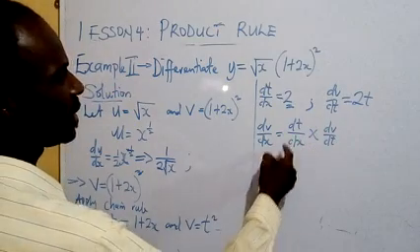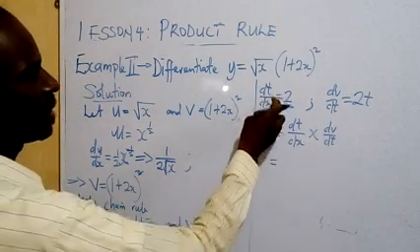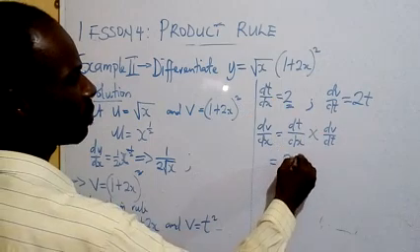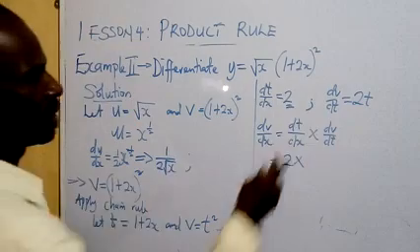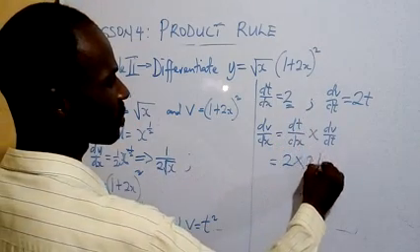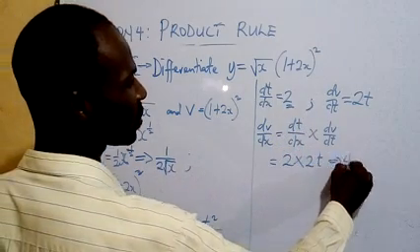Therefore, what is our dt/dx? dt/dx is 2, multiplied by what is dv/dt? dv/dt is 2t, which equals 4t.